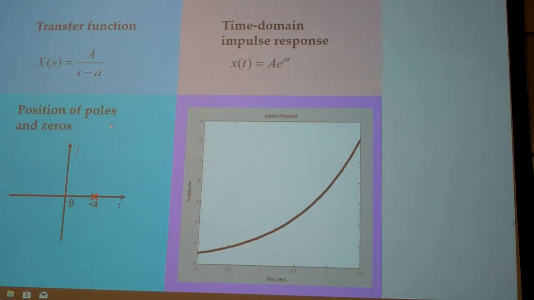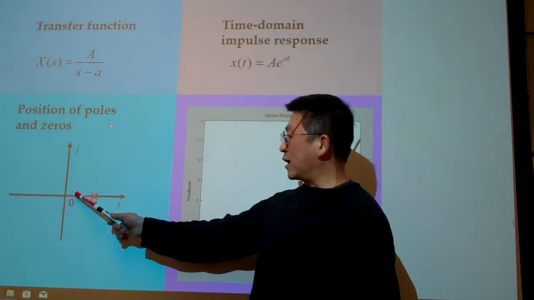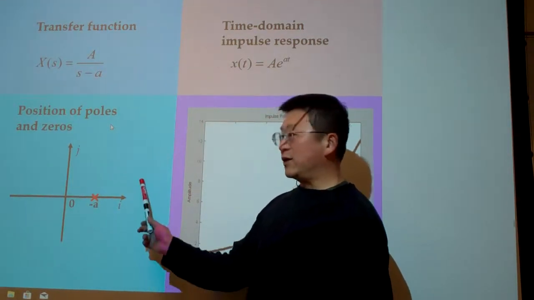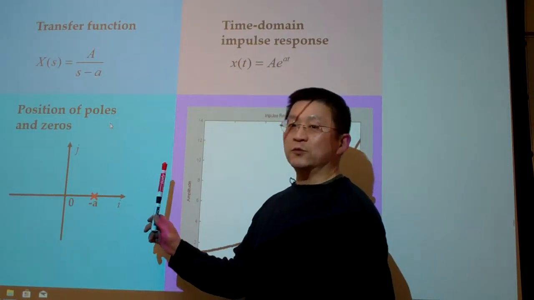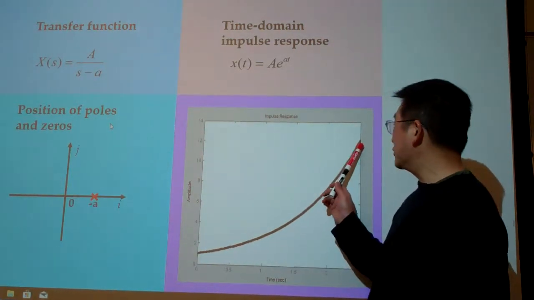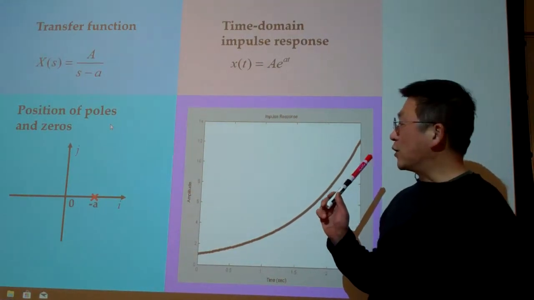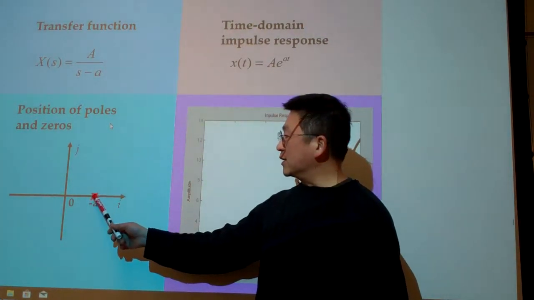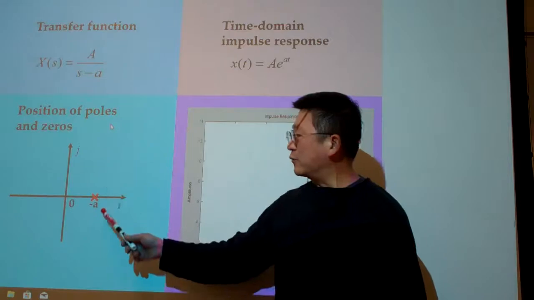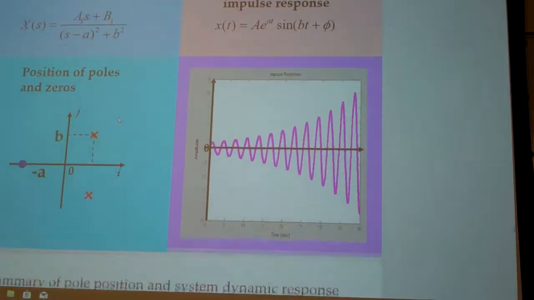So for this slide, the lesson is that as long as there are any poles on the right-hand side of the complex plane, the system will become unstable. By unstable, we mean the magnitude will grow to infinity. Not only does it matter on the real axis, but we can see on the next page another case of an unstable system.